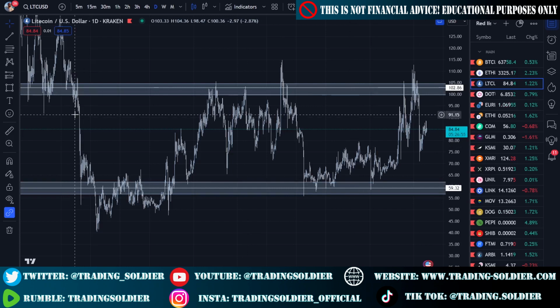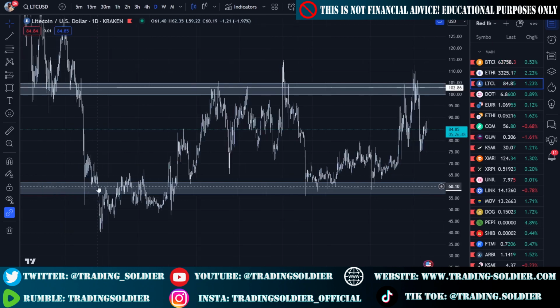You see here from April 2022, now we are at April 2024, the Litecoin price has been trading inside of this range for 2 years. So imagine how many times and how much money you can make trading just this range between the supply and demand areas.